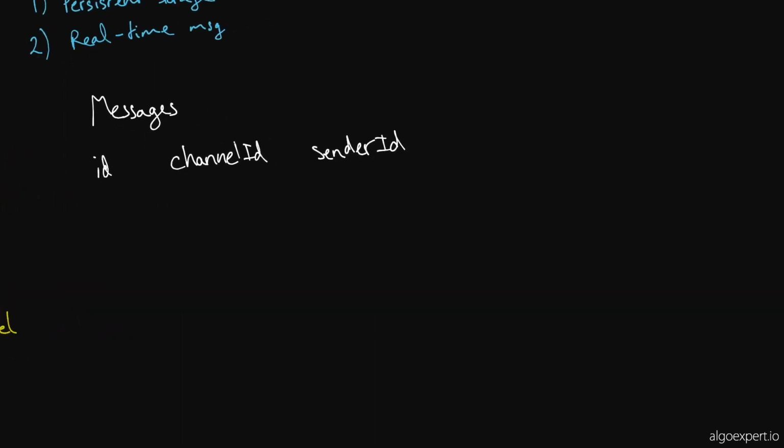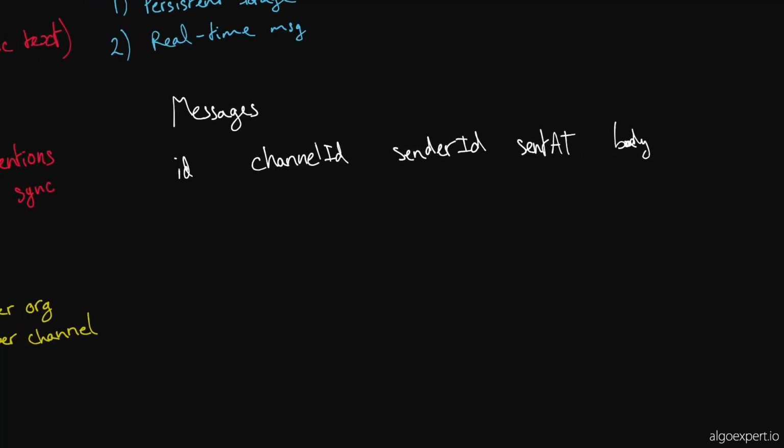We would have probably a timestamp for when it was sent, and a body, which would be a string. And any other information that we want to have about messages, we would store in this table. Does that make sense? Yeah, I like that.